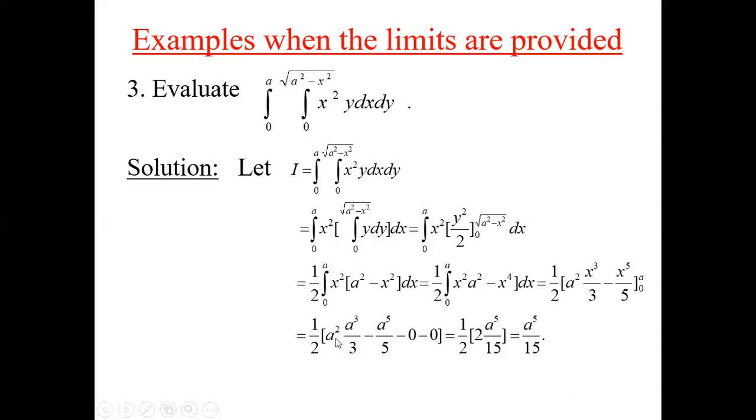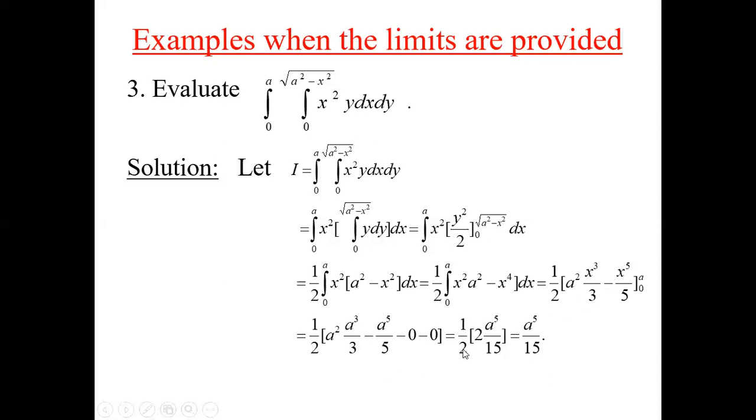This is 1 by 2 a square, this is constant, x is equal to a becomes a cube upon 3, then this is minus x to the power 5 upon 5, x is replaced by a, the upper limit, so therefore this becomes minus of a to the power 5 upon 5, then the lower limit is minus of 0 and the other part is also minus of 0.